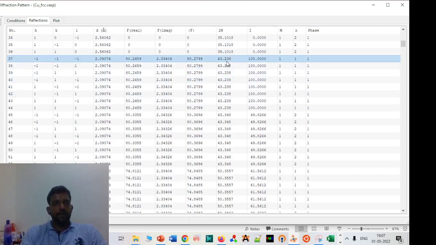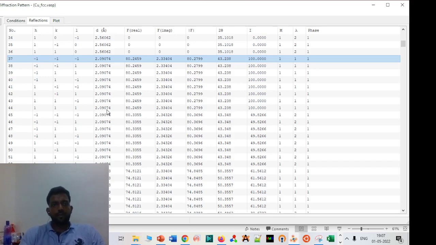The reflection is actually because this 100 or this 111 is a combination. So if you just square and add it, you will see in all these cases it will be 3. So that's why in most of the cases we are getting this intensity. So it is very simple.